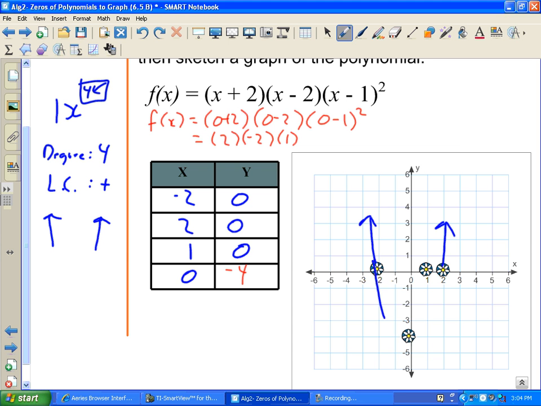We'll go through the y-intercept here. I'm going to come back up. And what would happen is, in the past, we would go through that point and come back down. But if I were to go through that point and come back down, that won't match my end behavior correctly. I know by what I already talked about, I've got to be going up on both ends. And that doesn't fit.